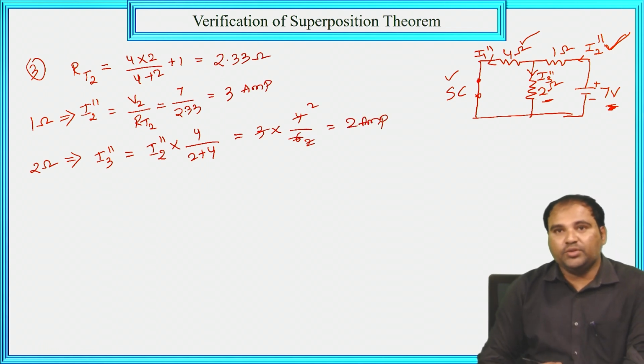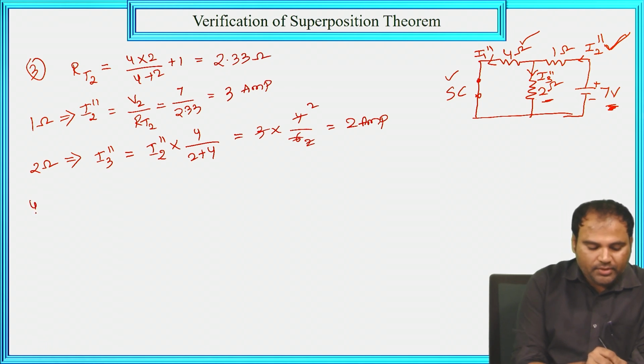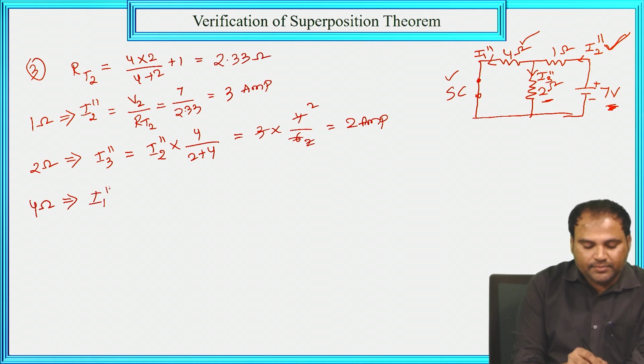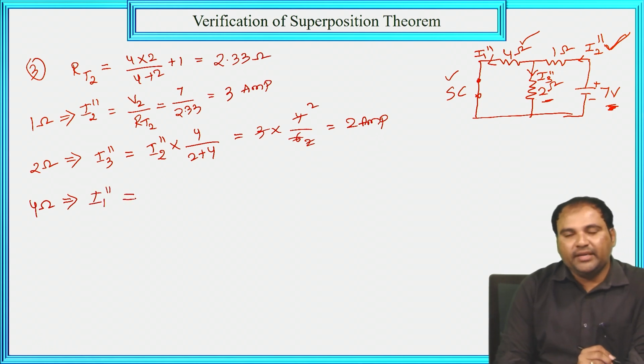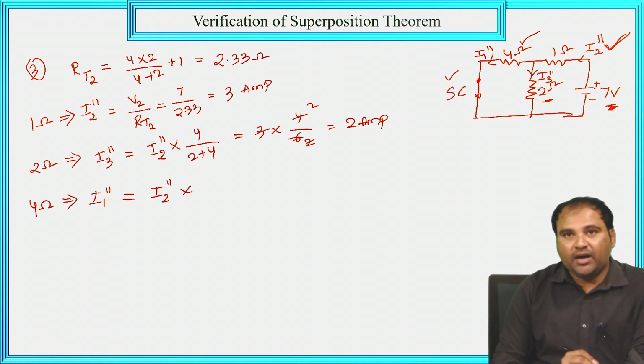So current through the 2 ohm resistor is 2 amperes, right? Similarly, we have to calculate the current through 4 ohm. So the current through 4 ohm, that is I1 double dash, is equal to, here also we have to apply the current division rule. The total current of the circuit is I2 double dash into the opposite element.